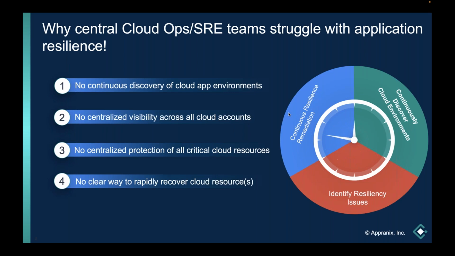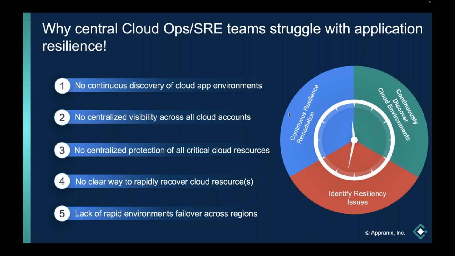And then comes the recovery aspect, where the resilience, if you go by the definition that I explained before, the ability to recover your cloud resources fast, is possible only when you have the visibility and protection of all the resources. Then you can move into testing it often, which means, what kind of effort do you really need in terms of testing your resiliency?